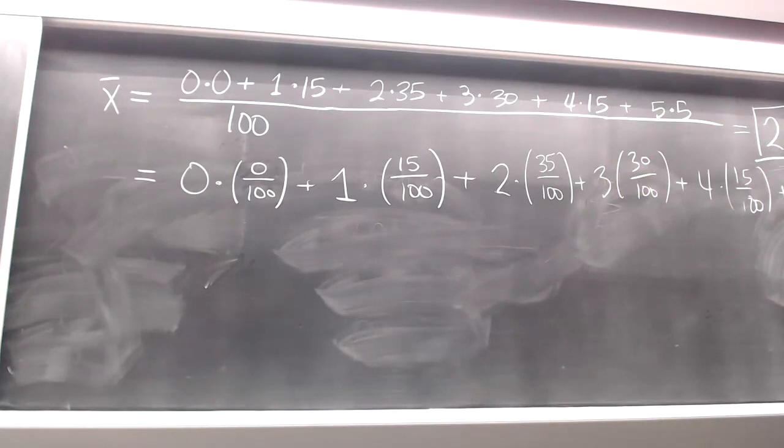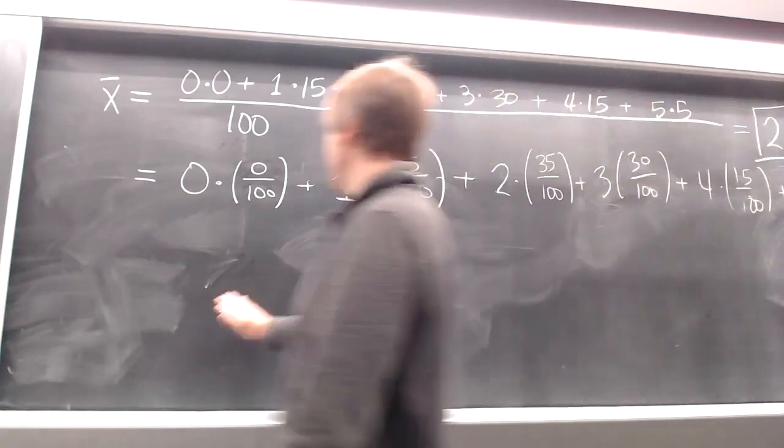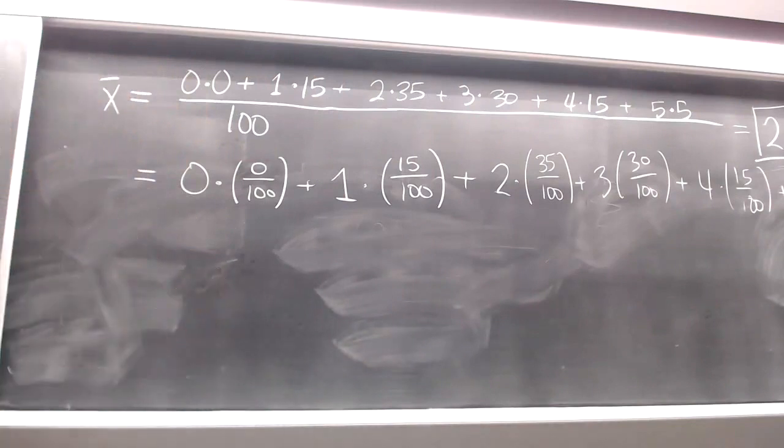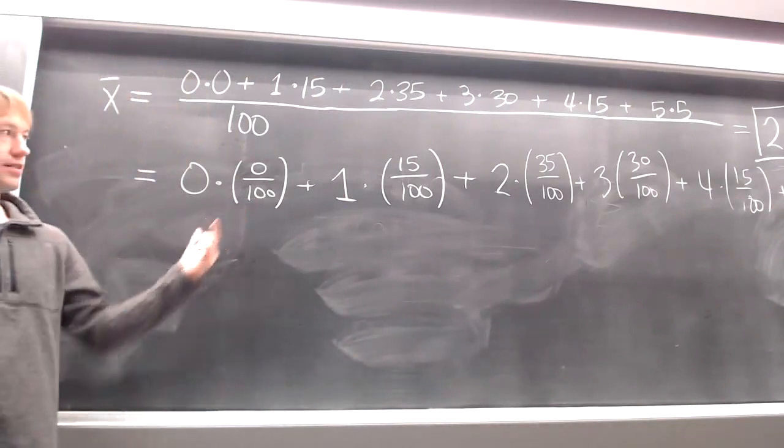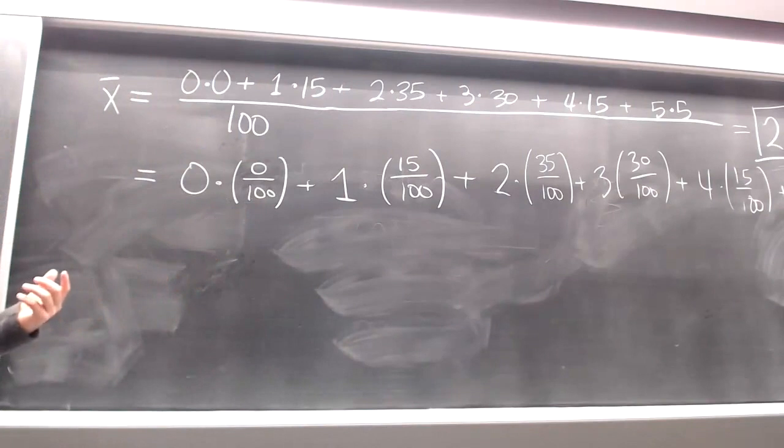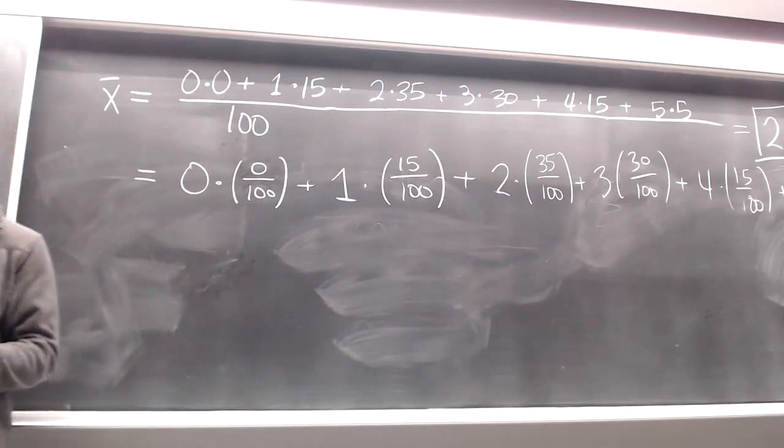Just to be clear, to solve this problem, you don't have to do this. The answer is 2.6, but I'm just going to rewrite this in a different way to give you some intuition about what expected value means. Suppose I pick a random person from this 100.